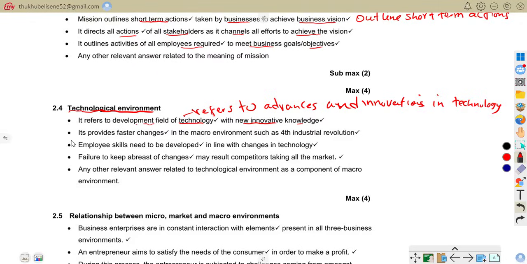Now we move on to another point. It provides faster changes in the macro environment, such as the fourth industrial revolution. So we're talking about faster changes in the macro environment. Technology speeds up business changes. That's what this point tries to say.